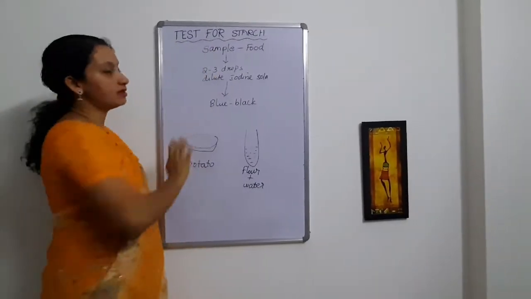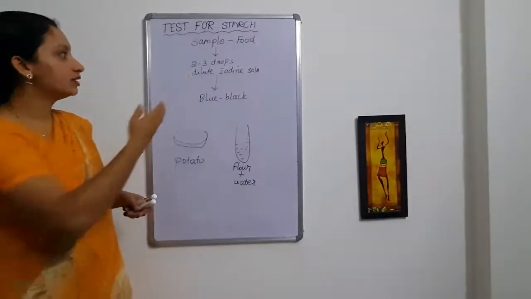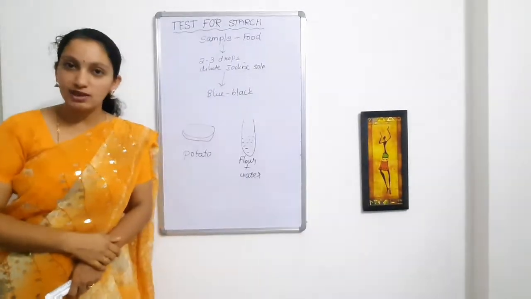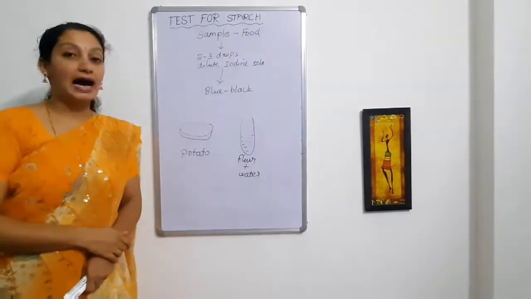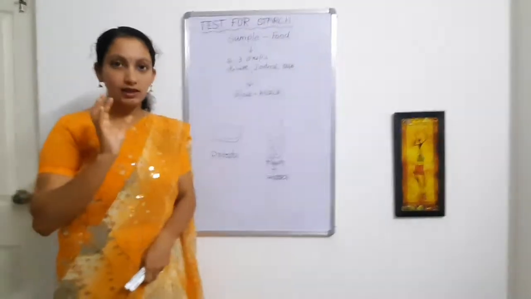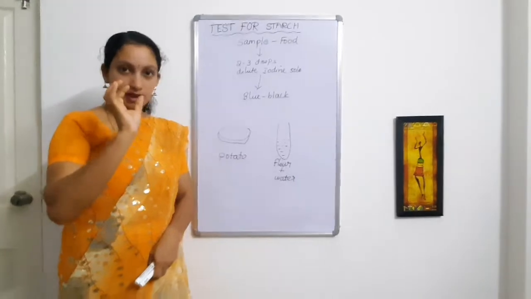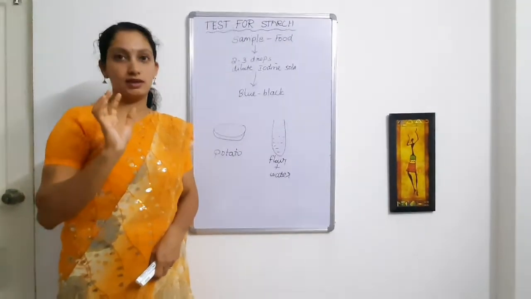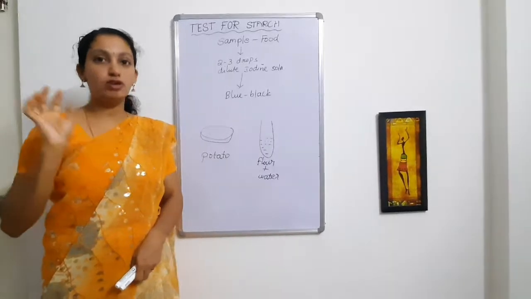The first step is we are taking the food sample. The second step is 2 to 3 drops of dilute iodine solution. So you need iodine solution which is diluted. What is the meaning of diluted? To the chemical iodine, you are adding some amount of water. So that proportion you should follow.